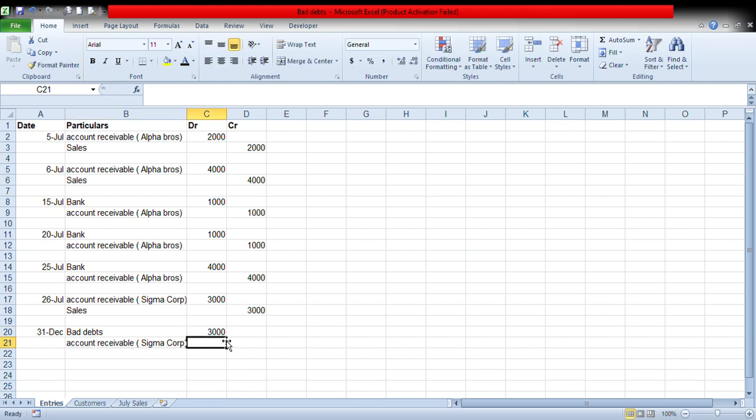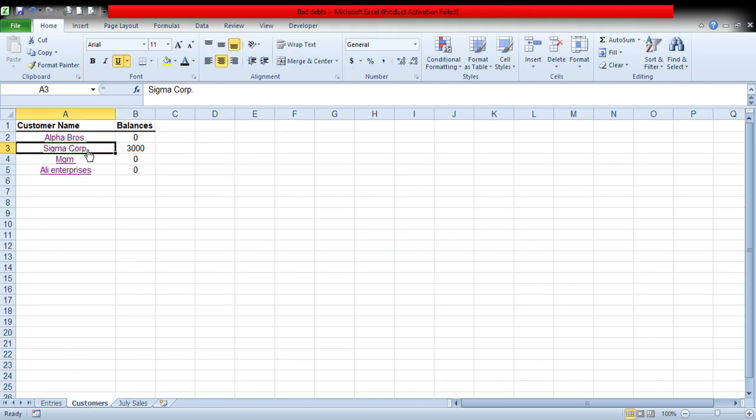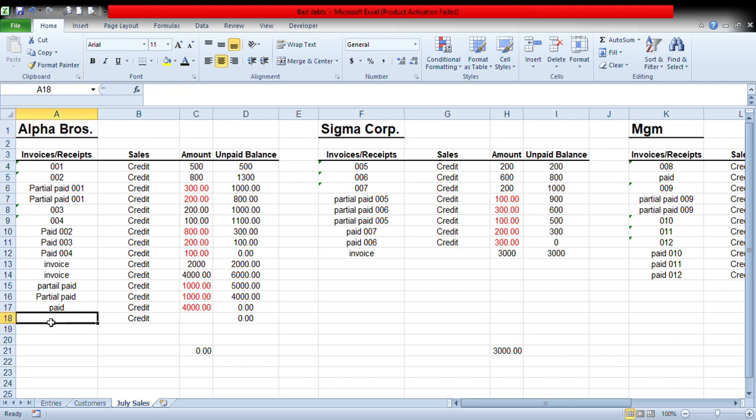Now look what I will do, because I have to close this customer's account. Understand? What I did is bad debt and receivable. In real life, what I'm going to do is pass the credit memo.